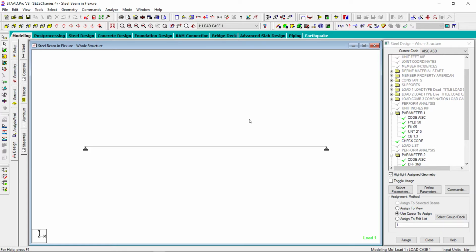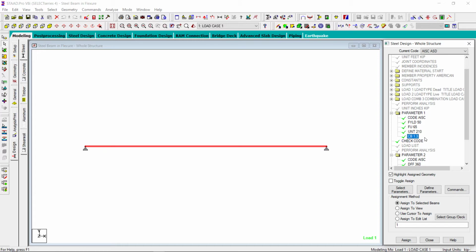So that means STAAD properly designed the beam, but there is a catch. Most of the engineers, in my experience, although they use this command UNT, they forget to modify the value of CB.